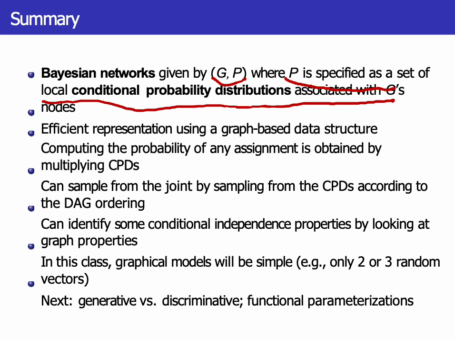Computing the probability of any assignment is obtained by multiplying the conditional probability distributions. So if you have a network, your probability is only determined by your connected nodes.